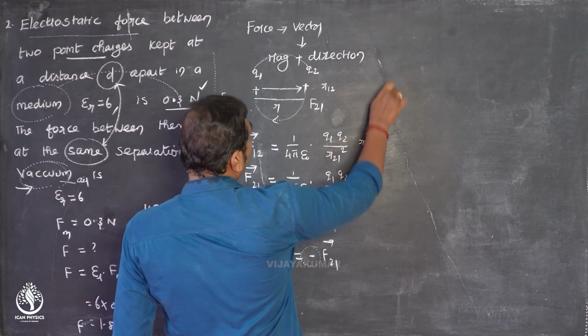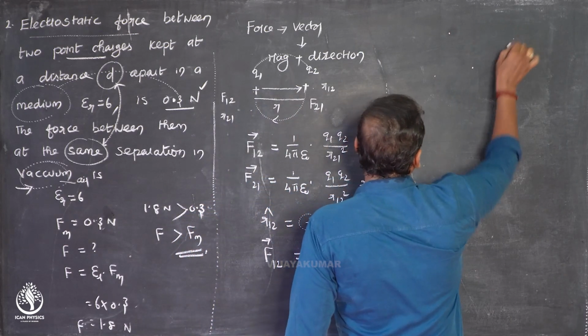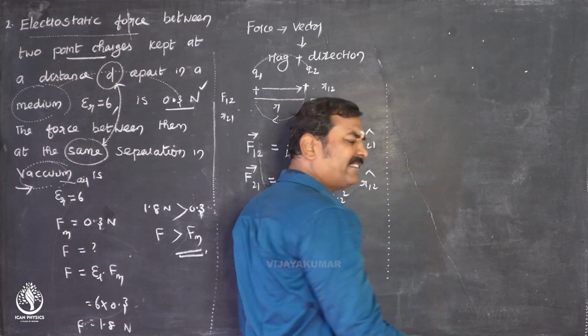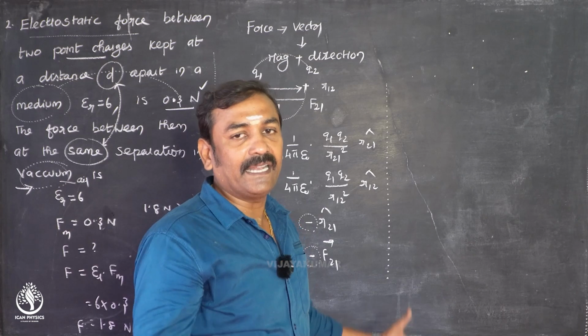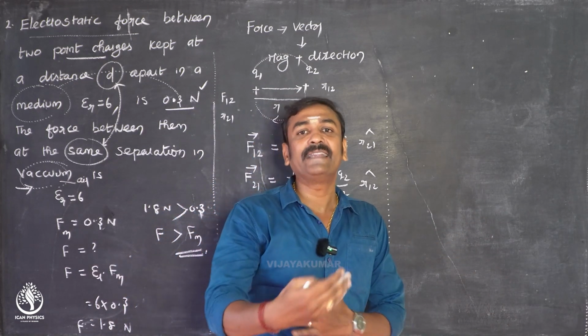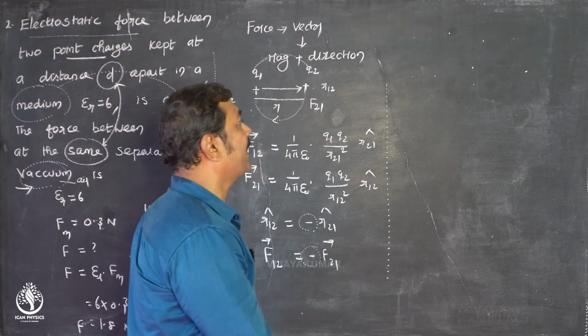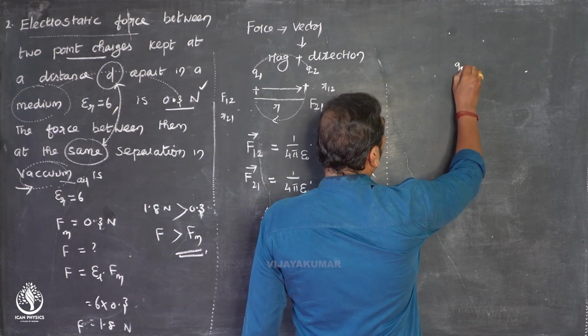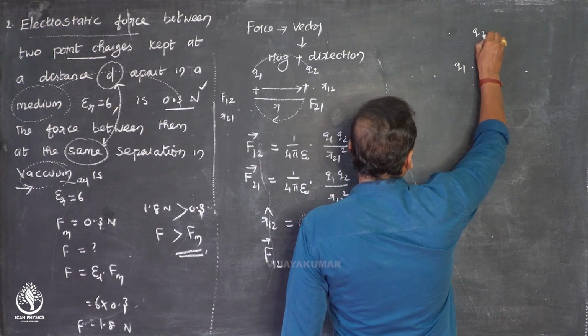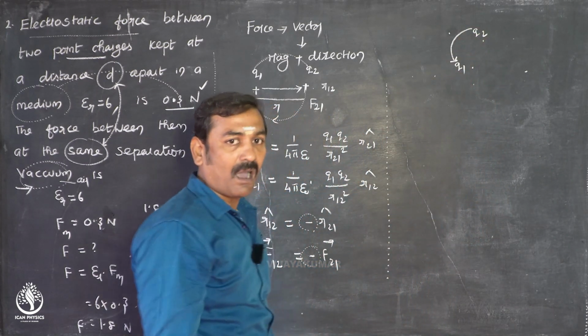Okay. So when you are having a system of charges, 1, 2, 3, 4, 5, 6, 7, like that we are having a system of charges. Then all the charges experience a force, and that force is said to be dash sum. That may be the question. Okay. So let us consider Q1 is the charge and Q2 is another charge. Q2 experiences a force on the first one.